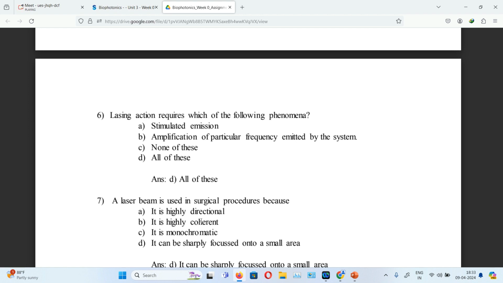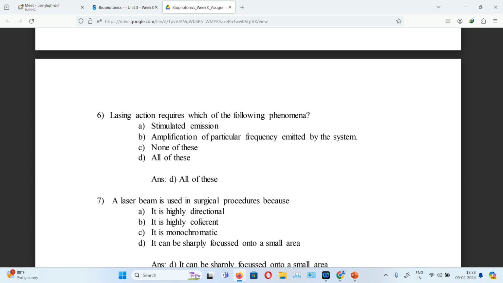A laser beam is used in surgical procedures because, in the case of laser, we are using it for cutting and other things. Why do we mainly use it in surgical procedures? The cut portion will be very minimal.